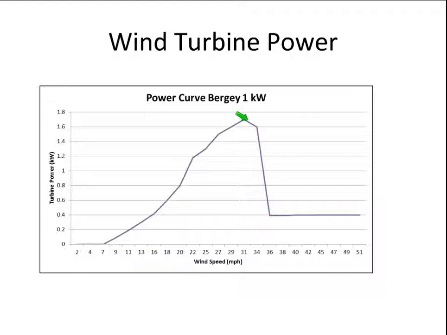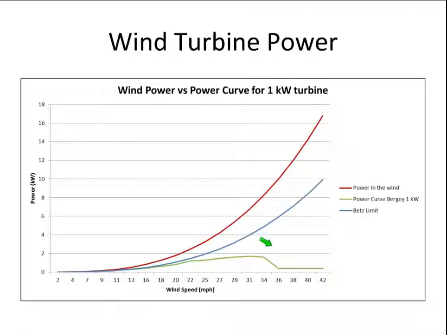Basically, at this point right here, that turbine began to furl, and when it furled, it's not seeing as much wind. It's still creating some power, but by furling, it almost acts like it's seeing about a 16 mile an hour wind when actually it's seeing a 36 mile an hour wind. So it really does help, and that's a pretty effective overspeed protection for that particular turbine.